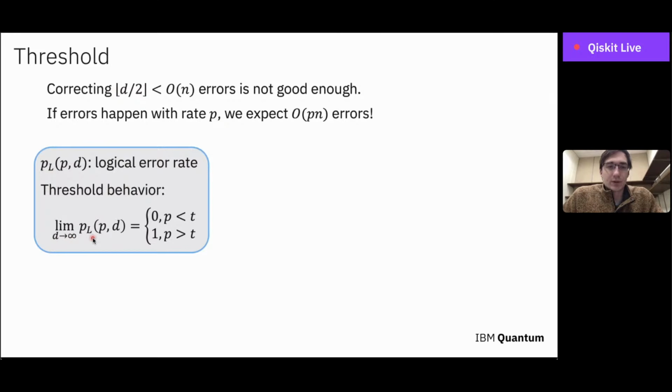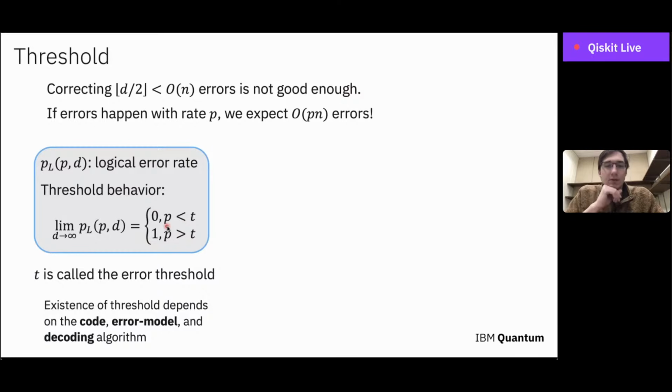Does this function go to 0, at least for some values of p, or does it go to 1? If it has this behavior where there's a step, where below the threshold t your error rate goes to 0, and above that it goes to 1, then we say that the code has a threshold. So t is called the error threshold.